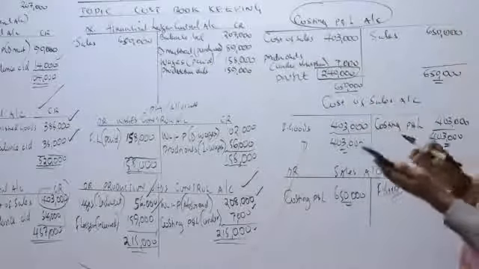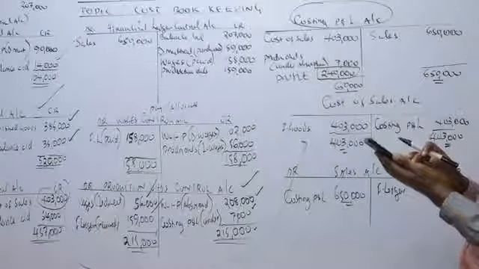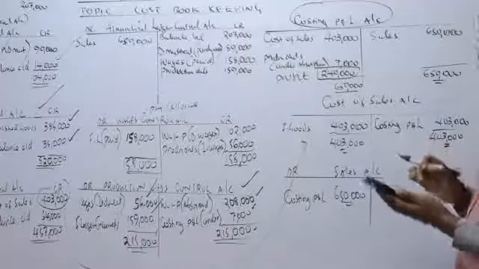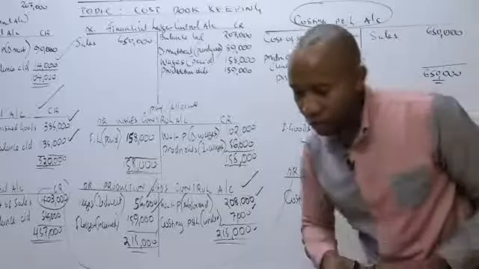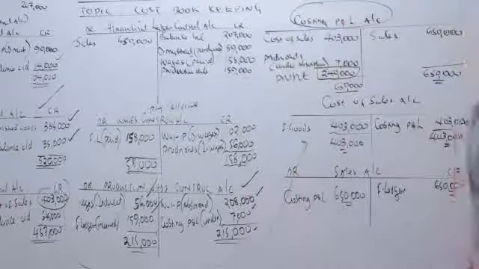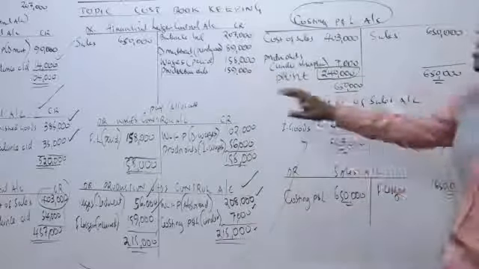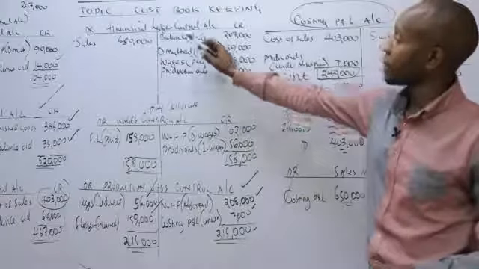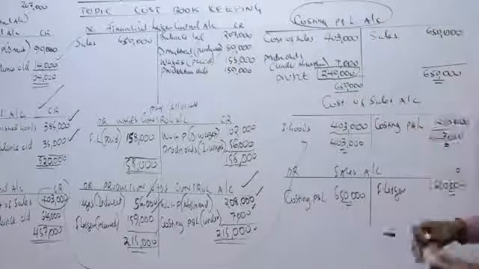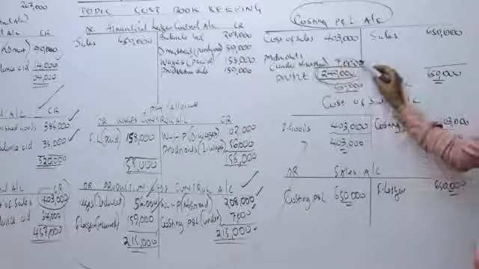Everybody getting that? Everybody getting 240? So notice that the only account we've not closed now is the financial ledger control account. So let's transfer this profit there. The profit of 240.